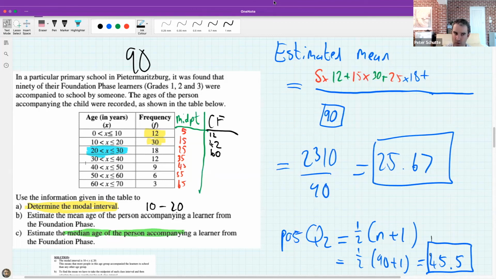But again, it's not tricky, but you need to know about the midpoint column. The midpoint column helps you with the estimated mean. And then for the median, we always calculate the position of the median. And it seems that from what I've seen today, you guys find the cumulative frequency column quite helpful for finding the median. And so that's where I want to leave it from today.